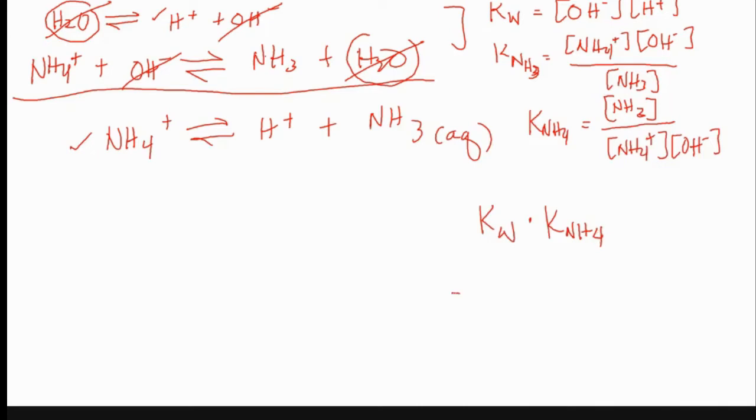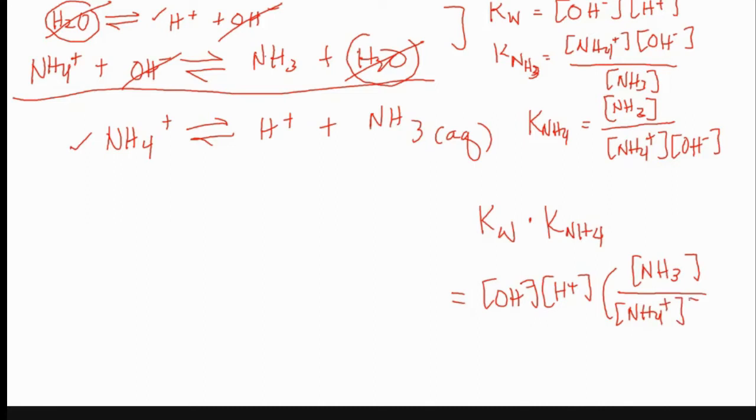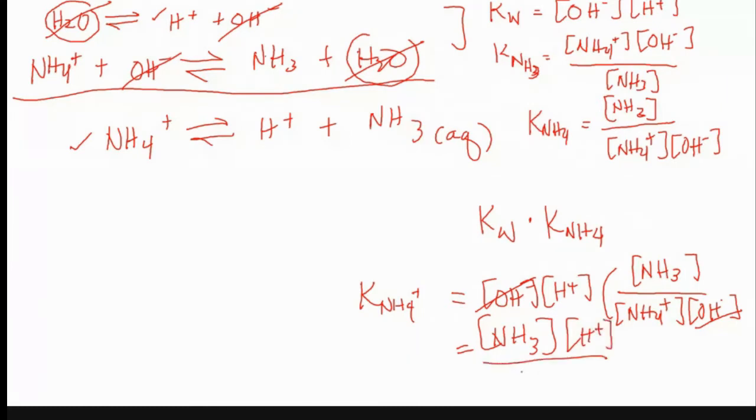So, check natin. KW is OH minus tapos H plus times NH3 and then NH4 and then OH minus. So, naka-numerator to, magka-cancel sila. So, yung natira na lang, K NH4 plus is equal to NH3, H plus, and then NH4 plus.